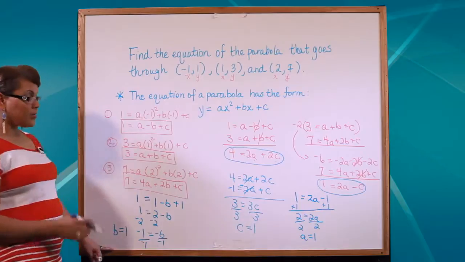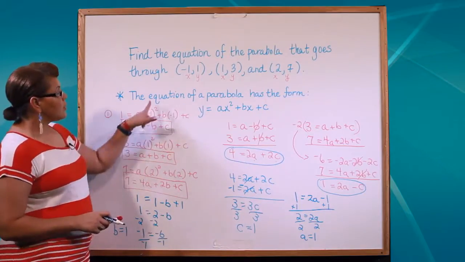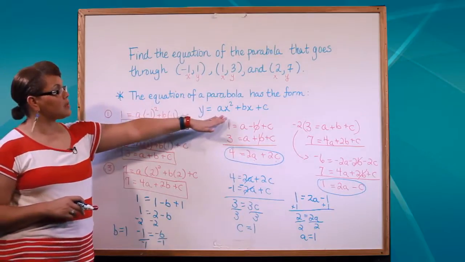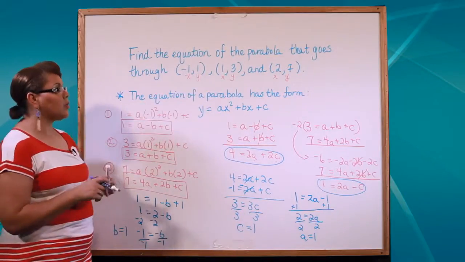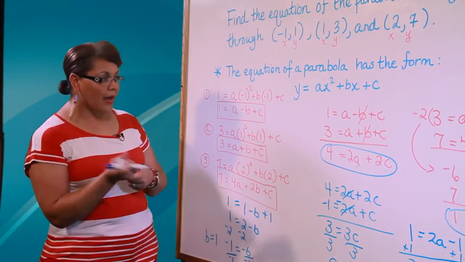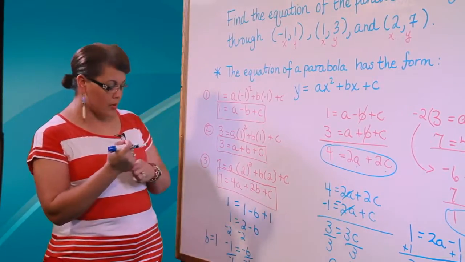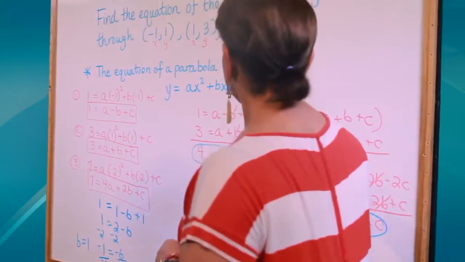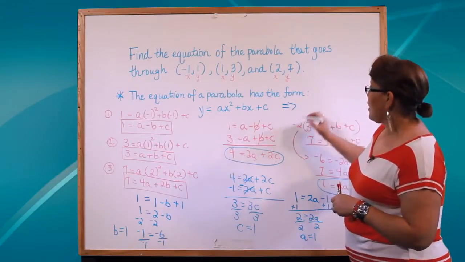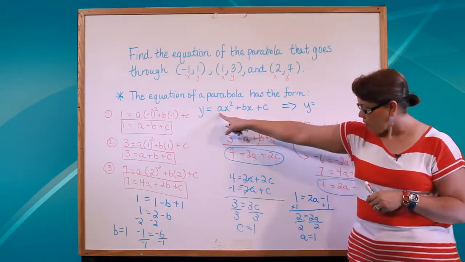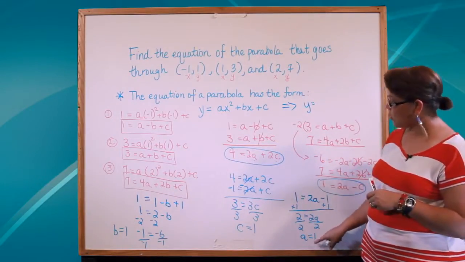Now I have found everything that I need to find the equation of a parabola that has this form and goes through -1, 1, 1, 3, and 2, 7. So I'm going to go back up to the middle of the board, and I'm going to take the standard form of the equation, and y would equal, what did we find for a? We found that a is 1.